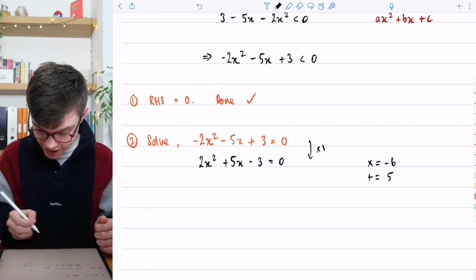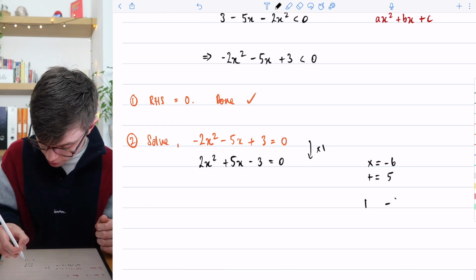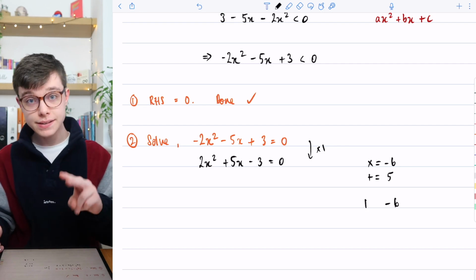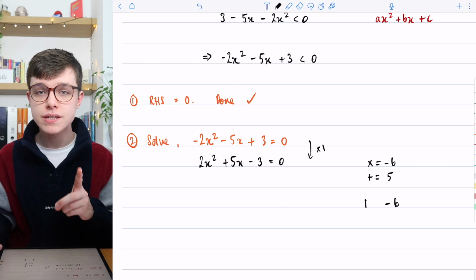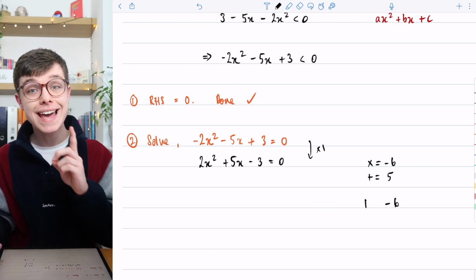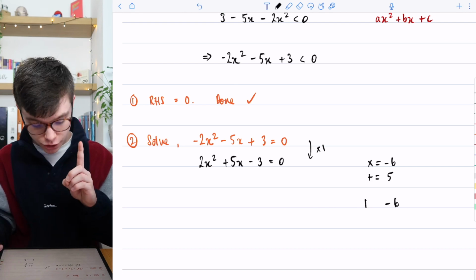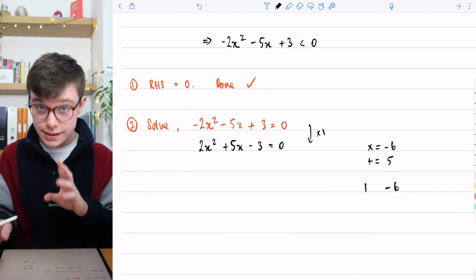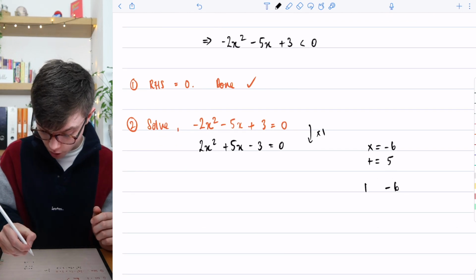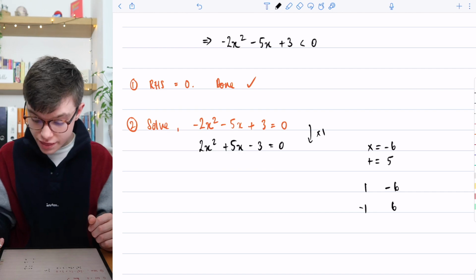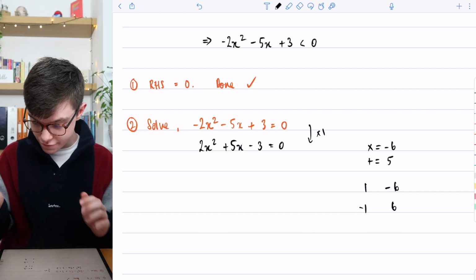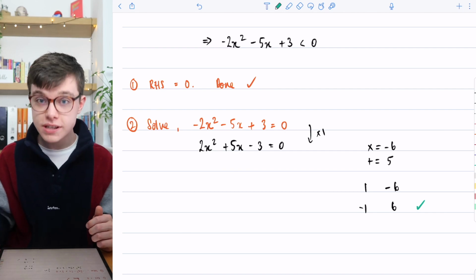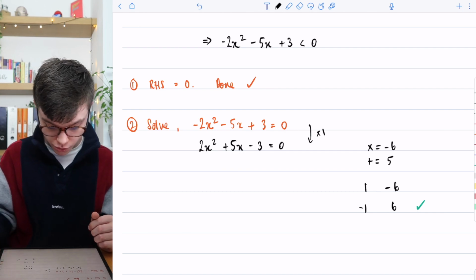So again, factors of -6, that's 1 and -6. Now in this case, they do multiply to give me -6, but they don't add to give me +5. They add to give me -5. So what I need to do is put the sign with the -1. Just switch it round. They still multiply to give me -6, and they now add to give me 5. So those are the pairs of numbers that I'm going to use.